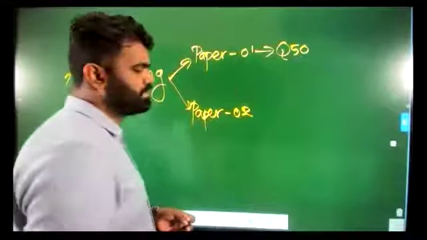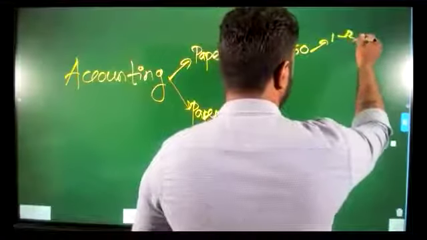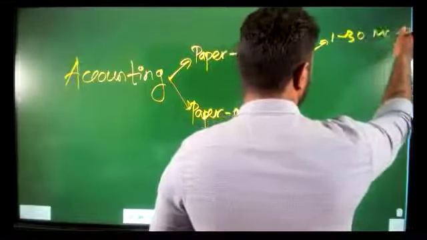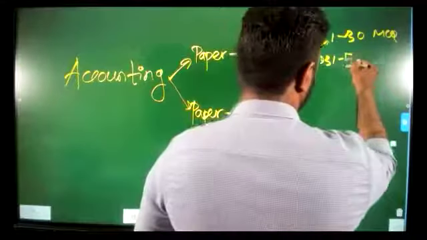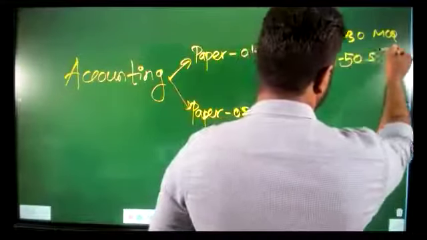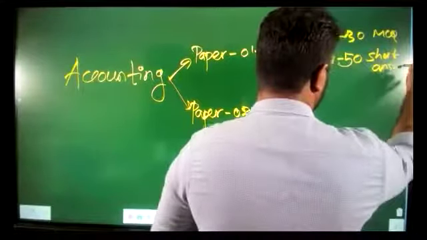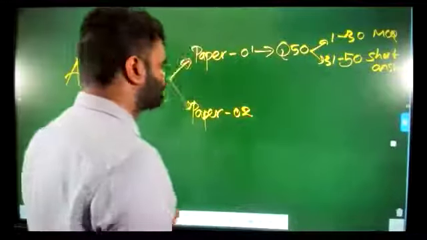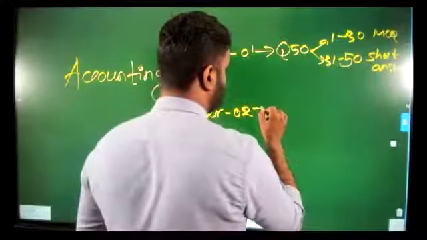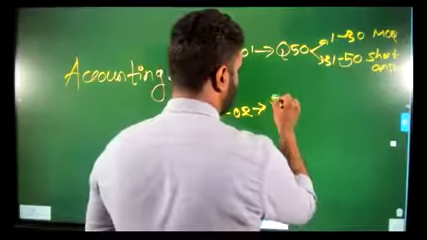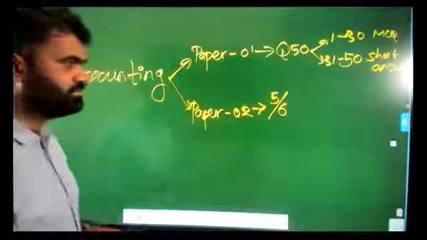I'm just reminding this once again. 50 questions: 1 to 30 are multiple choice questions, and 31 to 50 are short answers. In this one, you have to write for 5 questions out of 6.